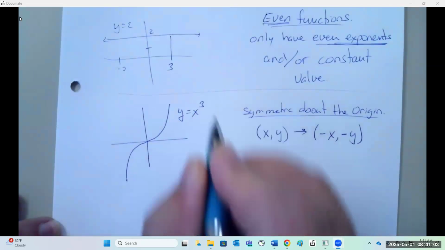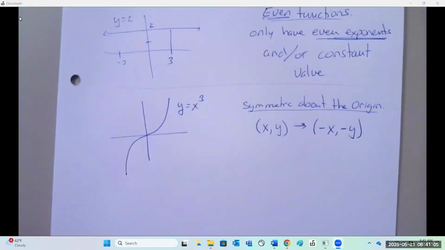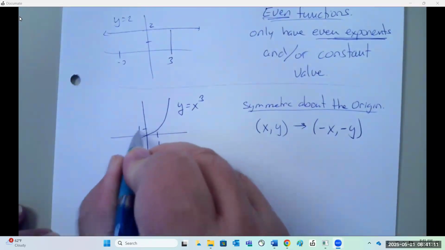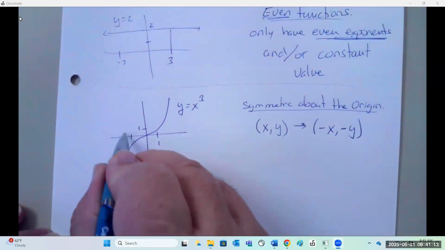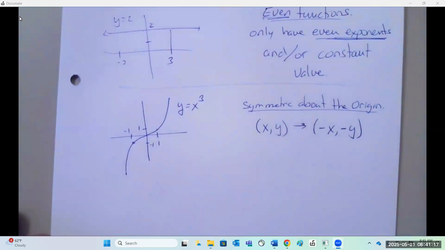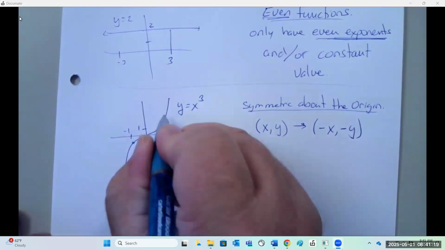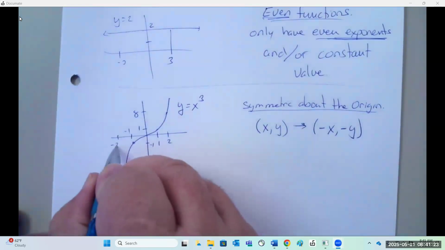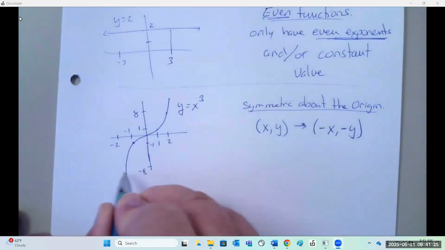Y equals x cubed is a perfect example. When x is 1, y is 1. When x is -1, y is -1. When x is 2, y is 8. When x is -2, y is -8.